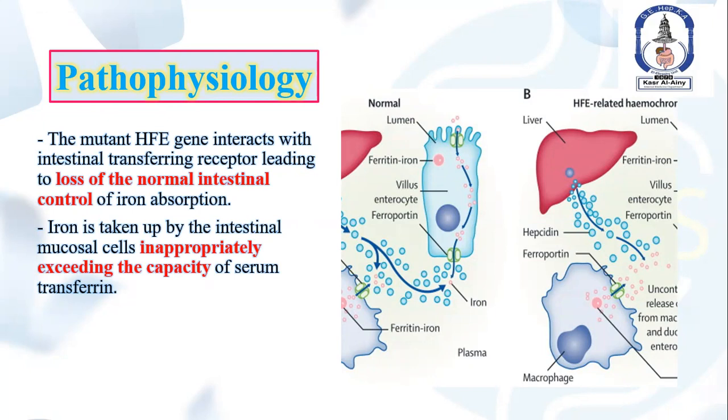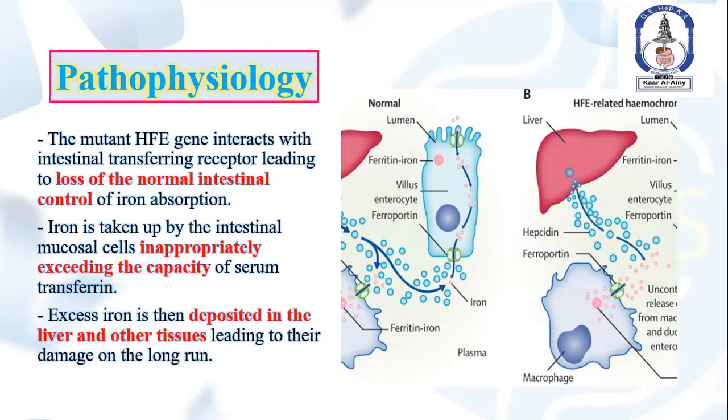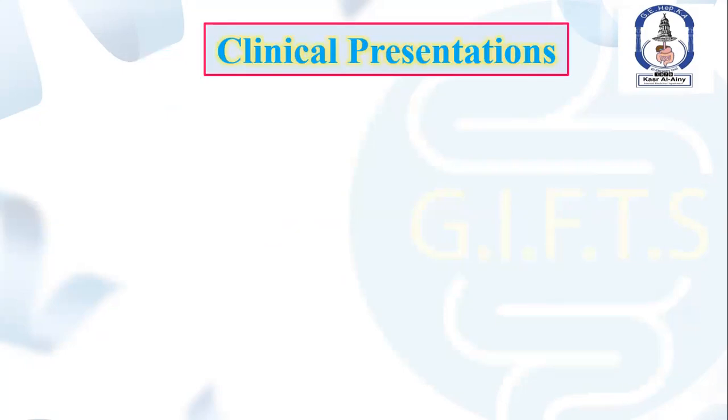So if the serum transferrin will be unable to take all the excessive iron that is absorbed from the gastrointestinal tract, this means that the excess iron will be deposited in the tissues like the liver and other tissues in the long run, causing damage.